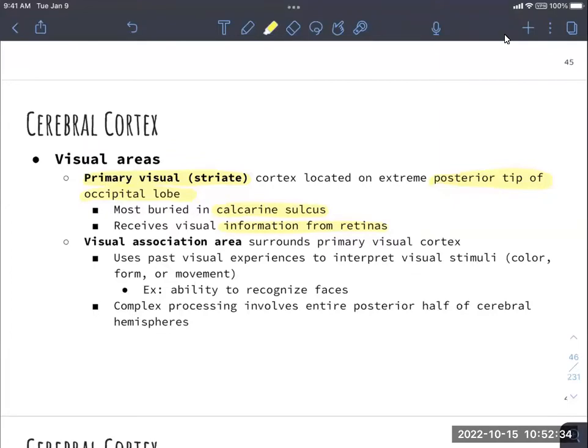We have visual association areas. And that is all around that primary visual cortex. Association, if people like to study using association, it's where you take past experiences and you use past experiences to interpret what you are seeing at this very moment.